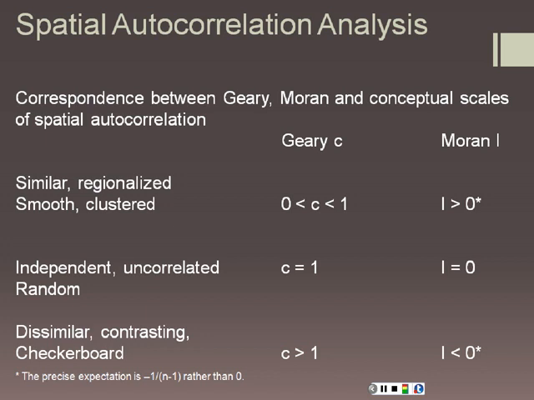Now, what does that mean? Well, that means that Geary C actually fits on a different scale. 0 to 1 would be the scale. And that perfect positive spatial autocorrelation is going to have a value of 1.